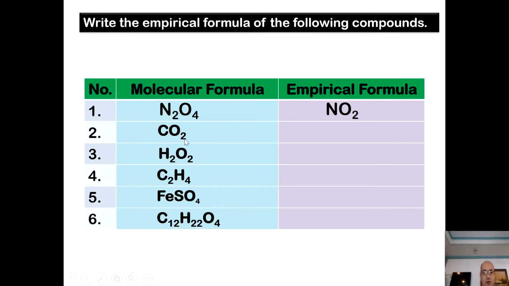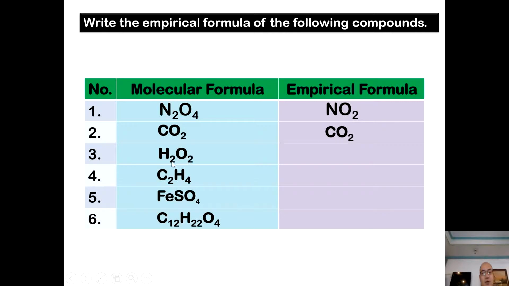Now, CO2. There is no common factor aside from 1. Therefore, this molecular formula is also considered its empirical formula. Next, number 3, this is H2O2, known as hydrogen peroxide. It's very obvious that the subscripts of the two elements are the same.